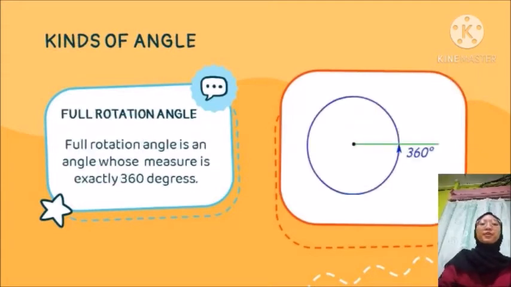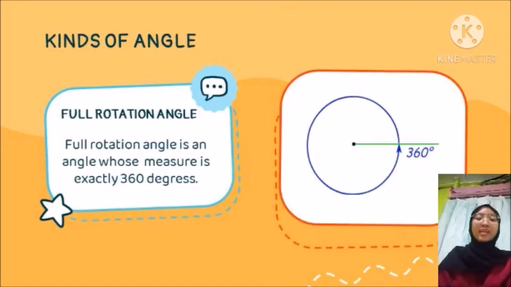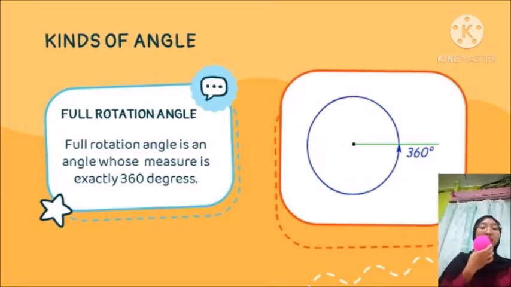Five, full rotation angle. A full rotation angle is an angle whose measure is exactly 360 degrees. For example, I have a ball, and this is an example of a full rotation angle, exactly 360 degrees.